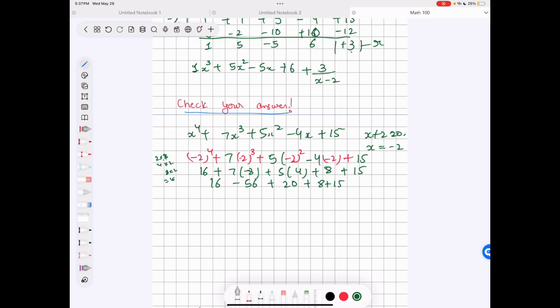So now we're going to add all these values first. We're going to add 16, 20, 8, 15, which would give us 59.